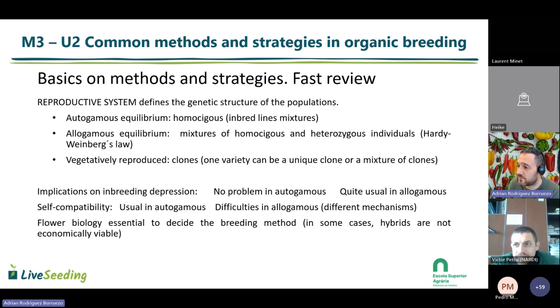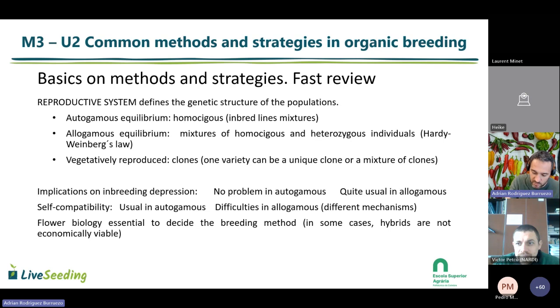In the case of allogamous crops, their own reproductive nature, to be open pollinated, makes this population evolve towards mixtures of homozygous and heterozygous individuals, and also individuals which are a mixture of everything.